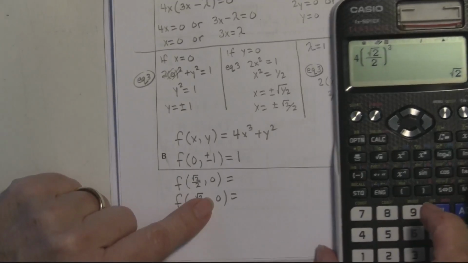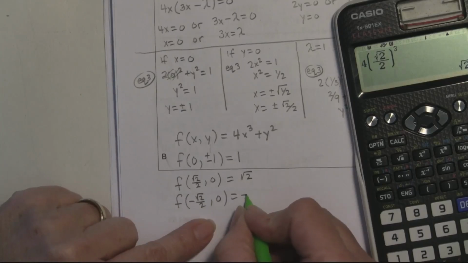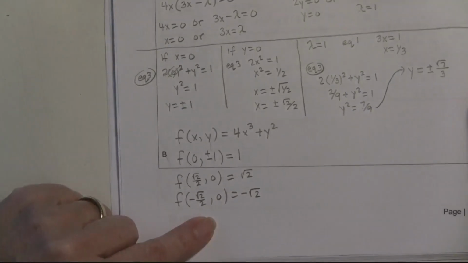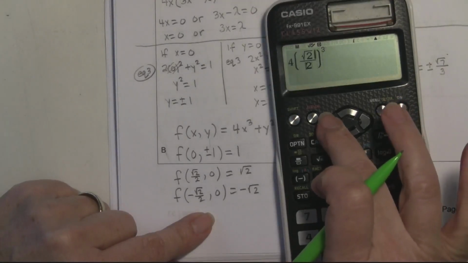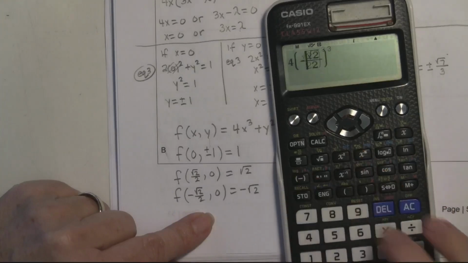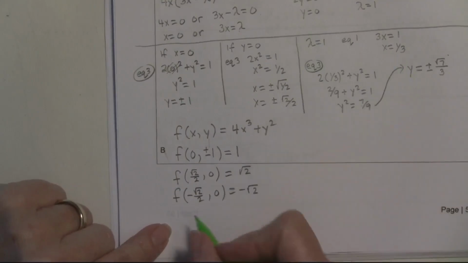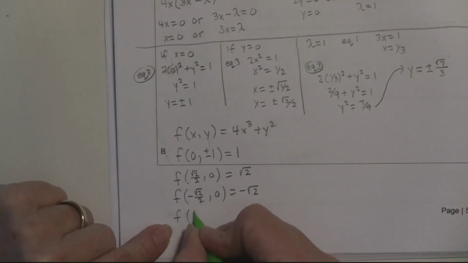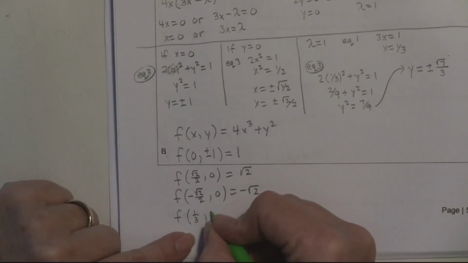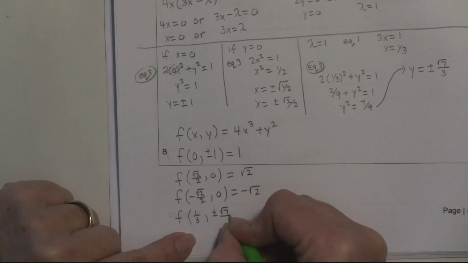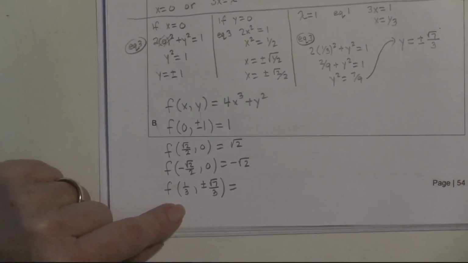Okay, plus 0. So this is square root of 2. Do you guys agree that this would be negative square root of 2? Check it out. Oh, I can put it in my calculator myself. Right here, negative square root of 2. Okay, great. And then we have these other values over here. x is 1/3, and y is plus or minus the square root of 7 over 3. And because the plus or minus is on the y's, they're the same.